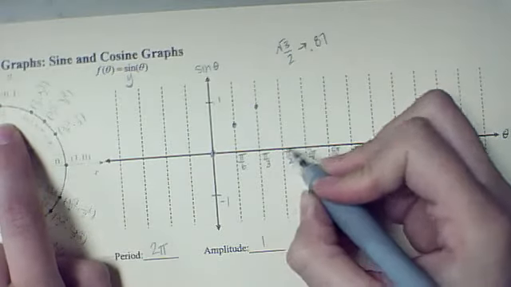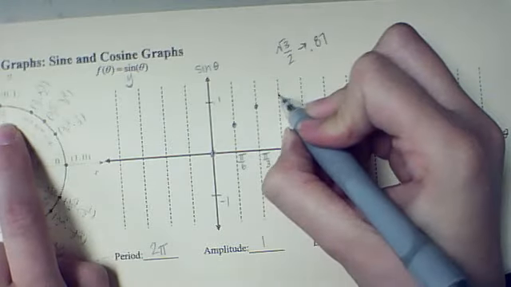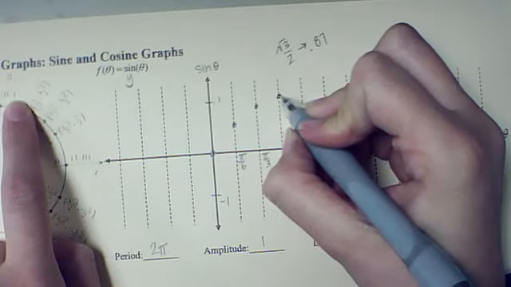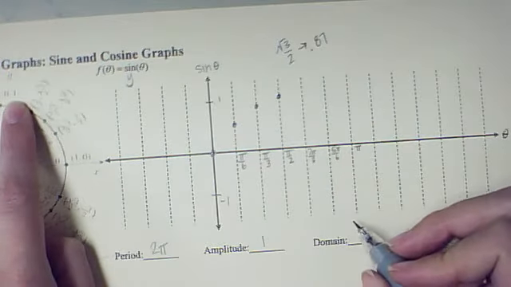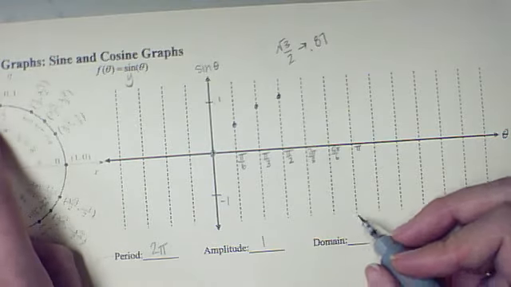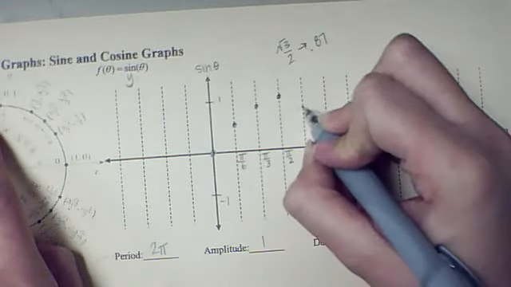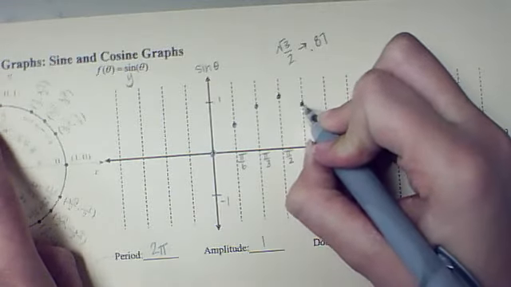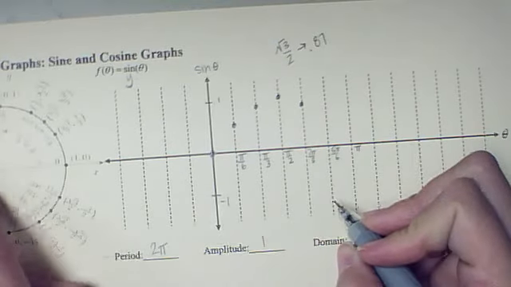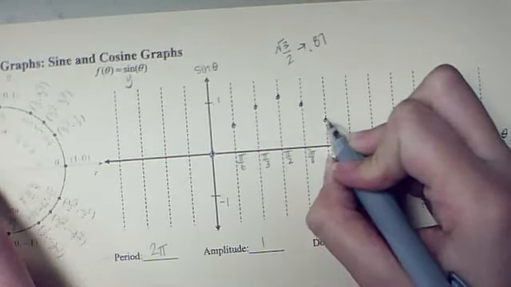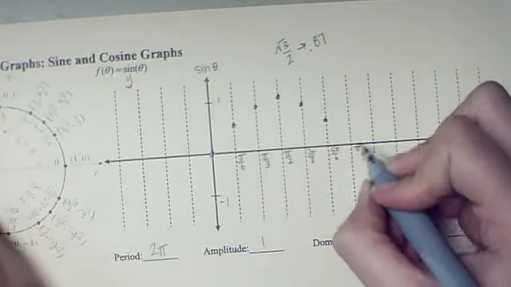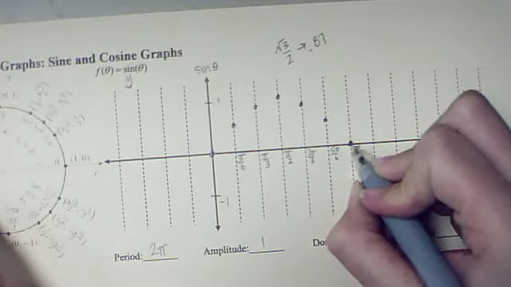When my angle is pi over 2, my sine, just looking at that y value, is 1. I'm going to put a mark there. When I come down, at 2 pi over 3, my y value is square root of 3 over 2. When we go to 5 pi over 6, my y value is 1/2. At pi, my y value is 0.